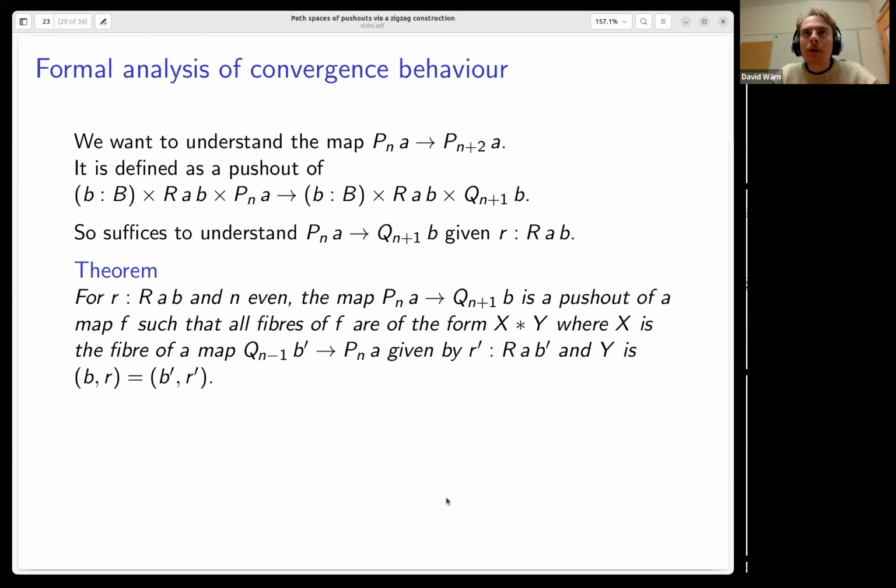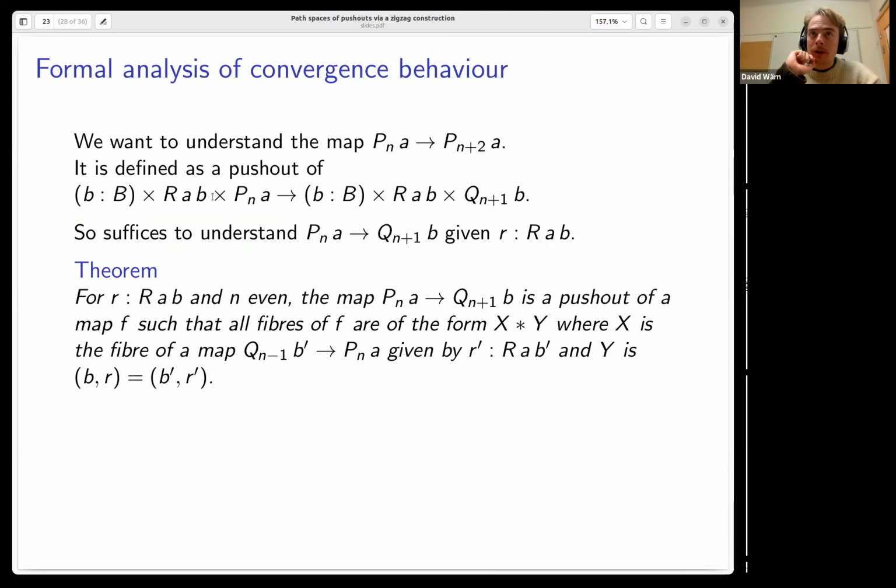So now for a more precise description. We want to understand the maps Pn A to Pn plus 2 A. And by definition, this map is defined as a pushout of another map. It fits into this pushout square, where the top map is this more complicated thing.